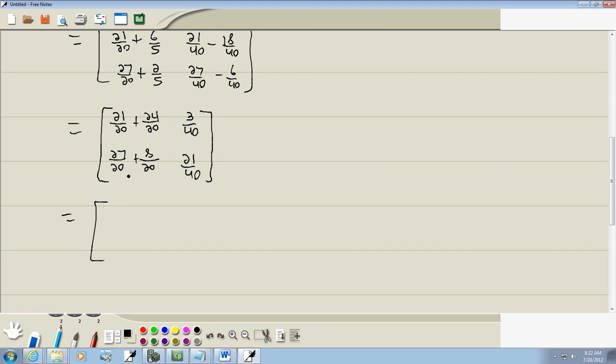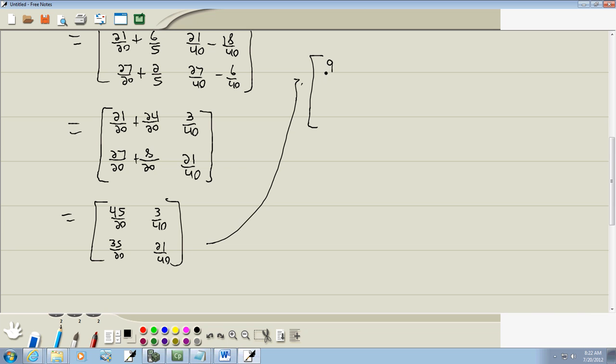Okay, so 21 plus 24 gives us 45/20. And then this is 3/40, and that gives us 35/20. 21/40. Come back up here. 45 and 20 are both divisible by 5, so that gives us 9/4.